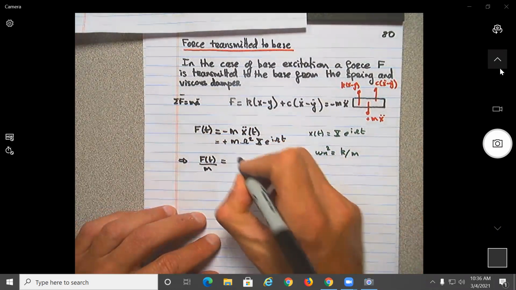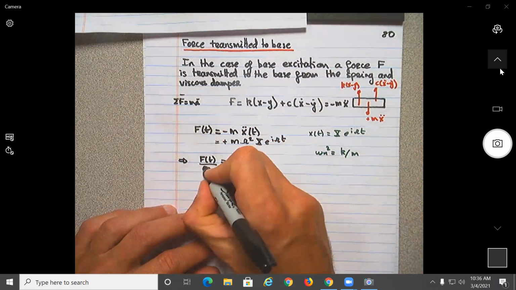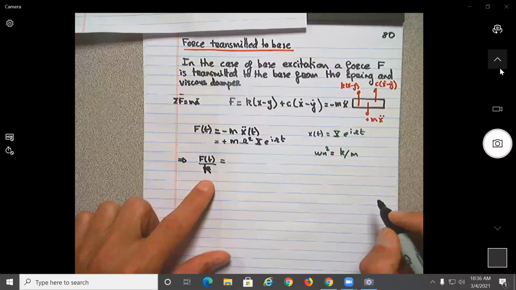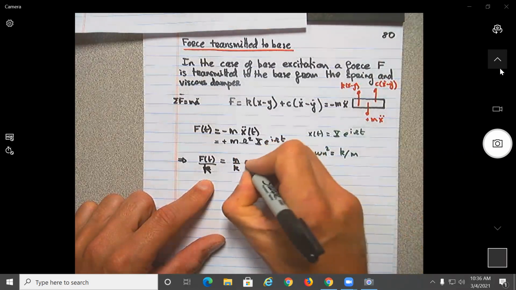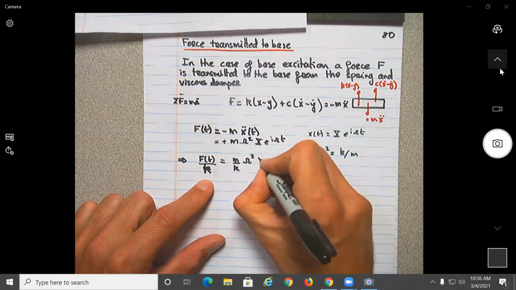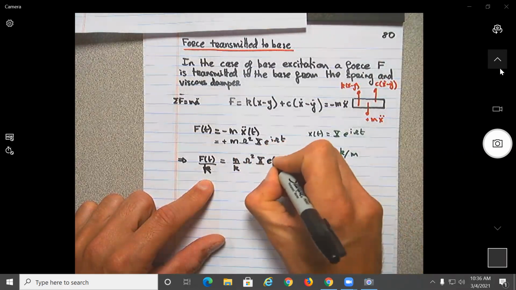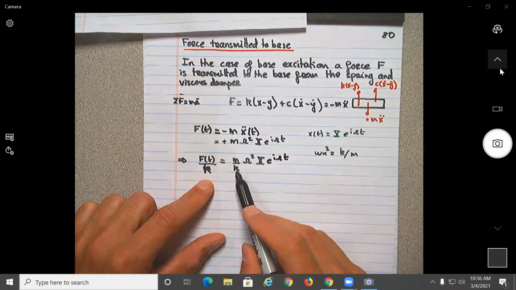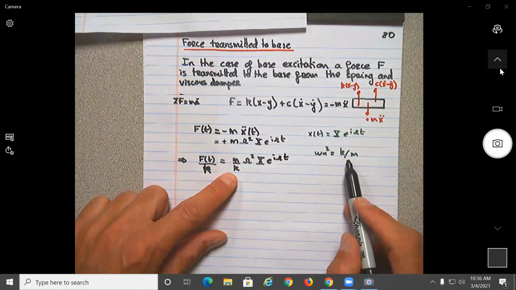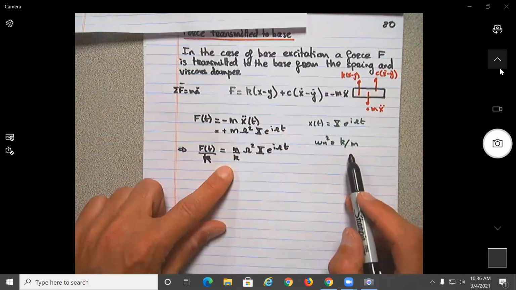Let me do the middle step, divide by k before m. This is k. That way we get m over k, capital omega squared, X e^(i omega t). So this becomes what? This is 1 over omega n squared, no? Yeah.